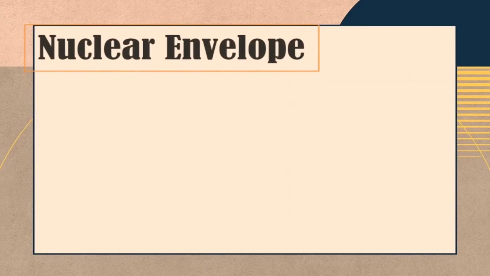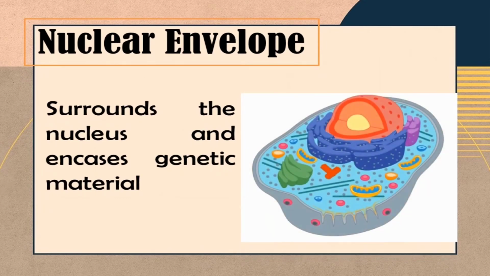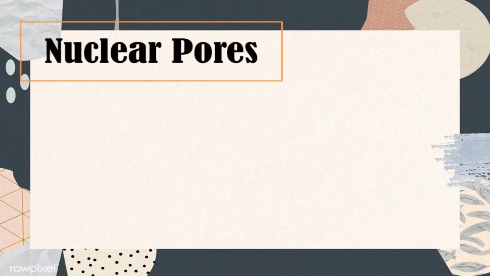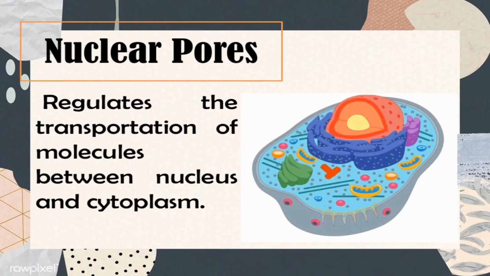Nuclear envelope. The function of the nuclear envelope is to surround and keep the contents of the nucleus, which is the nucleoplasm. Nuclear pores. Their function is to regulate the transportation of molecules between the nucleus and cytoplasm, only allowing certain materials into the nucleus at certain times.